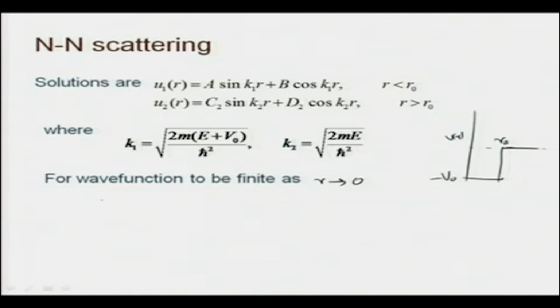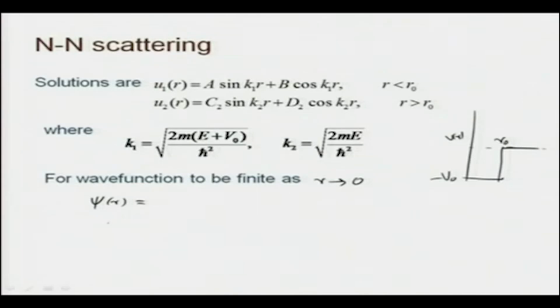Because the wave function psi of r, if we are actually considering the L equal to 0 solution, then the angular part will only give some kind of an overall constant, we will neglect that for the time being.